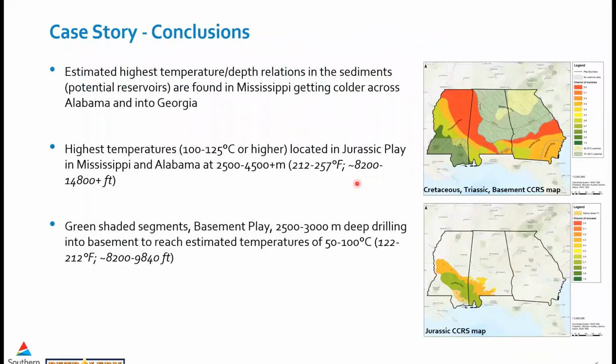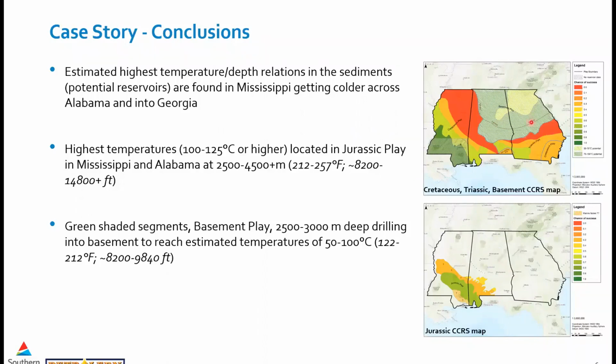So the conclusions on this case story: you have estimated highest temperature and depth relations in the sediments and the potential reservoirs. They are found here in Mississippi in the southwest and getting colder across Alabama and into Georgia. The highest temperatures, 100 to 125 degrees Celsius or higher, are located in the Jurassic play in Mississippi and Alabama, at depth between 2.5 to 4.5 plus kilometers.